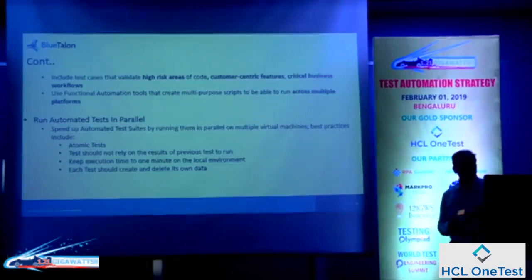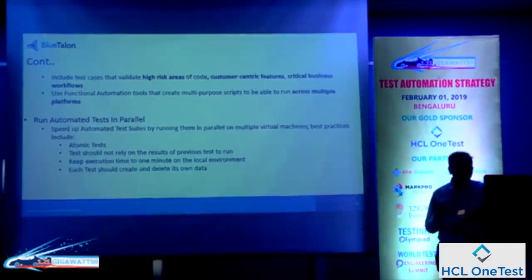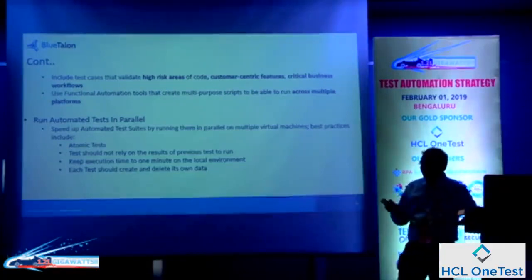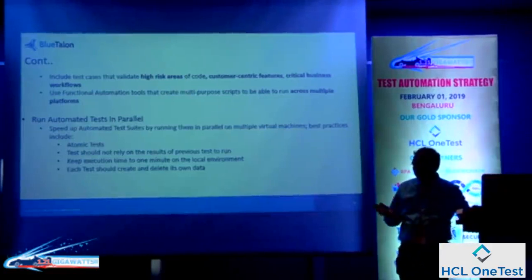Your coverage should be on high risk areas, customer-centric features, and critical business workflows. You should make sure these are covered as part of your testing cycle, right? And across multiple platforms as well. This is also key in enterprise software, where your application is supported on multiple platforms and databases.